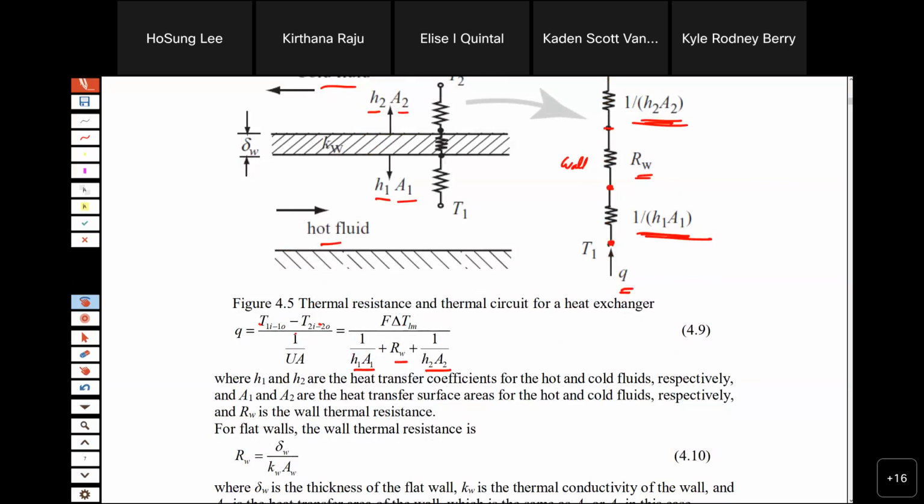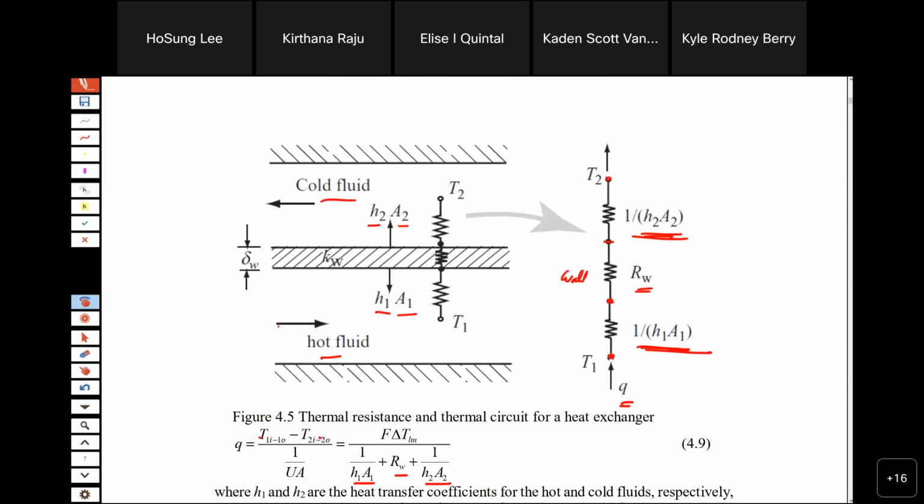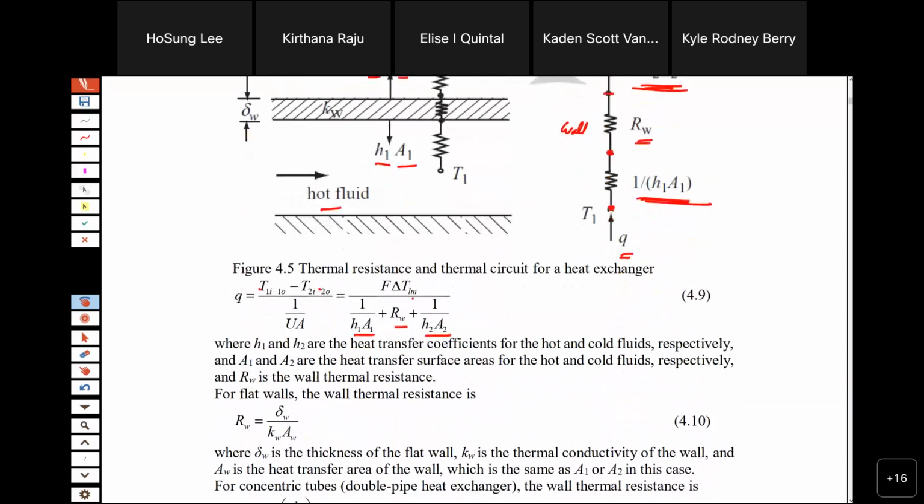But this temperature is very complicated. It keeps changing from inlet to outlet, outlet to inlet. The log mean takes care of that. Wow, that's the power of theory. F is nothing, just a type of heat exchanger.